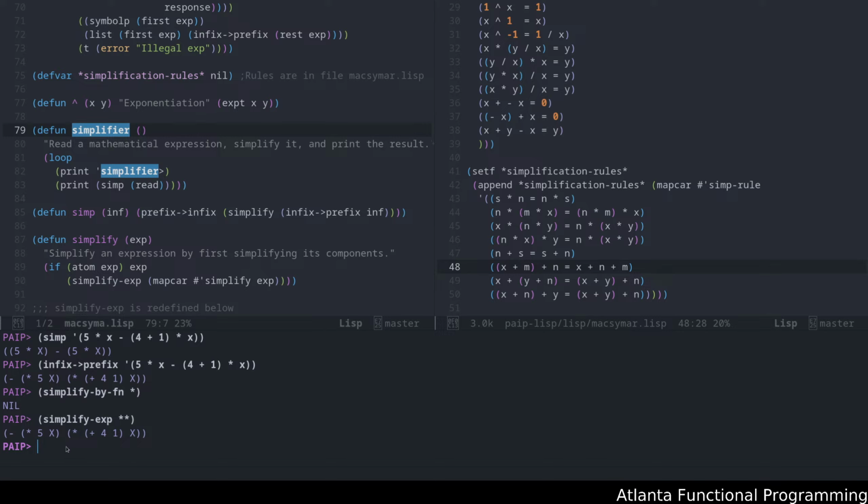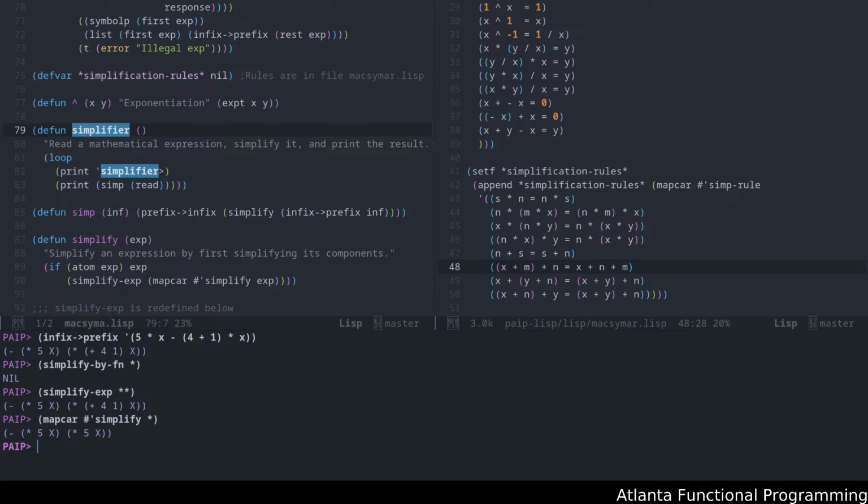Before we do anything, let's call mapcar here in simplify and take the expression. This should just give us the minus 5 times 5x times 5x in prefix form, essentially.